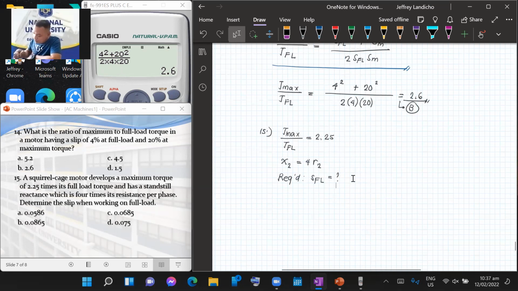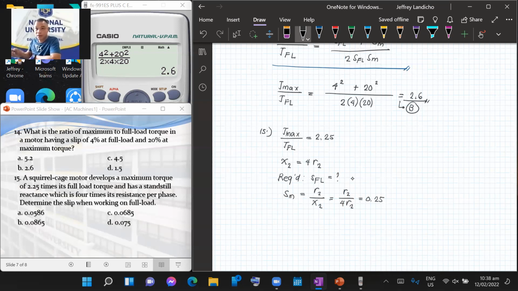So, therefore, solving first is slip at maximum torque, which is always equal kanino. That is the rotor resistance over the rotor reactance at standstill. Retain natin si R2. X sub 2, that is 4 R2. So obviously, that is what? 0.25.